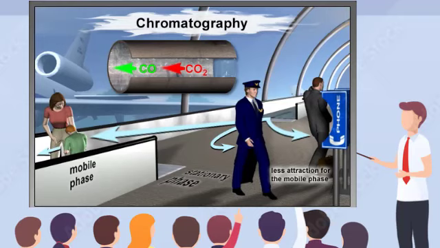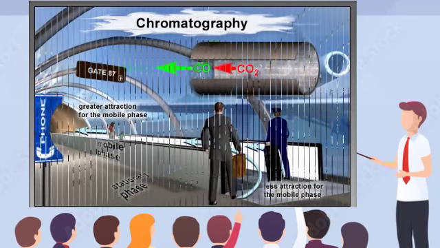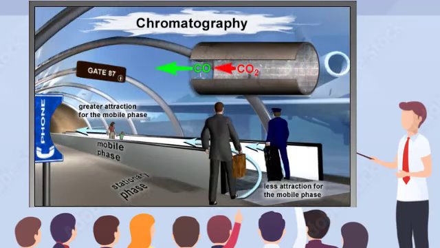The people who remain on the conveyor have a greater attraction to the mobile phase and arrive at the gate faster than the people who stop. Just as the people with a greater attraction to the mobile phase move along the conveyor more quickly than those who leave the conveyor temporarily, the substances with the greater attraction to the mobile phase move along the column more quickly.